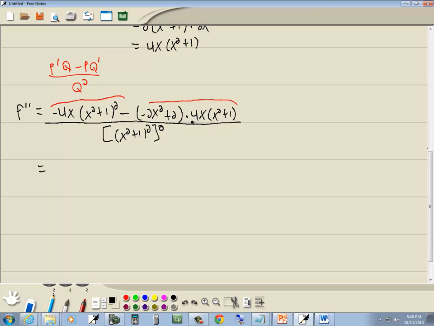I notice they both have a 4x and an x squared plus 1, and actually I can bring out a negative too. So I'll bring out a negative 4x times x squared plus 1. That negative 4 and that x are gone. One of these x squared plus 1s is gone, so we're left with a single x squared plus 1 out of the first group. This 4x is gone, this x squared plus 1 is gone, and one of these negatives is gone.